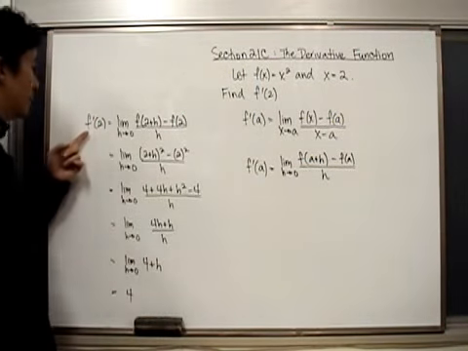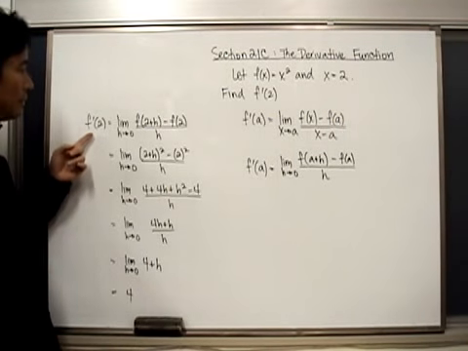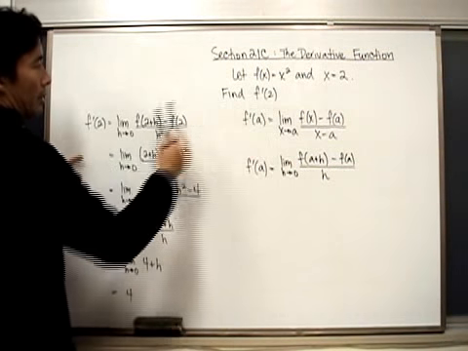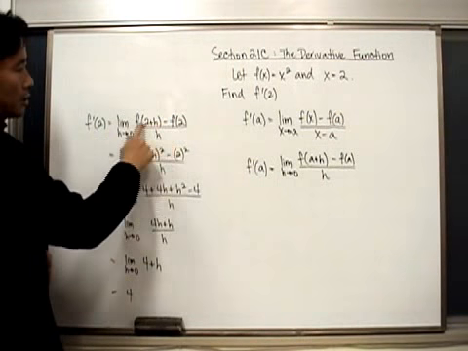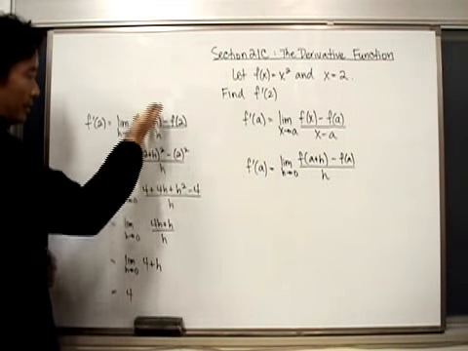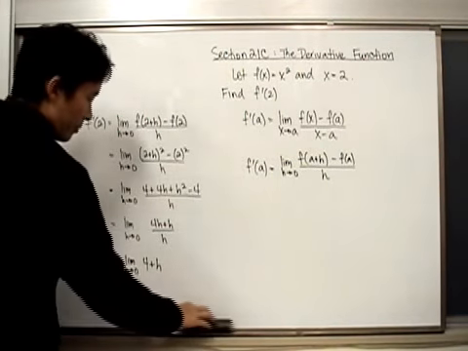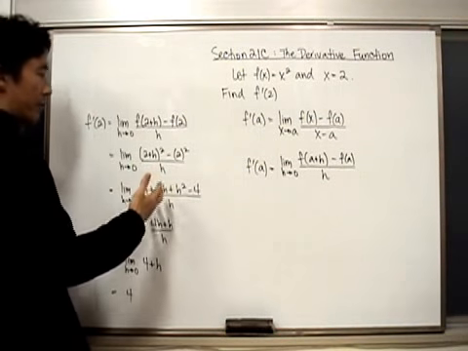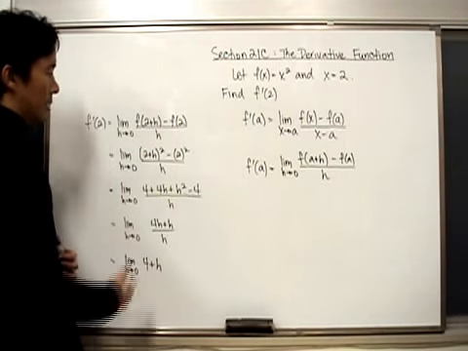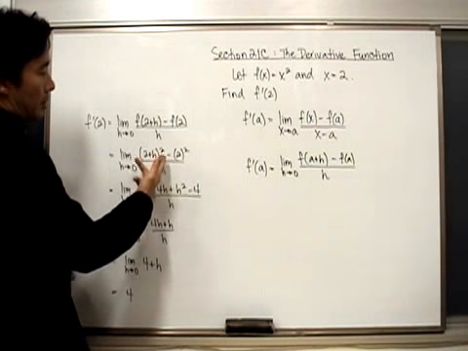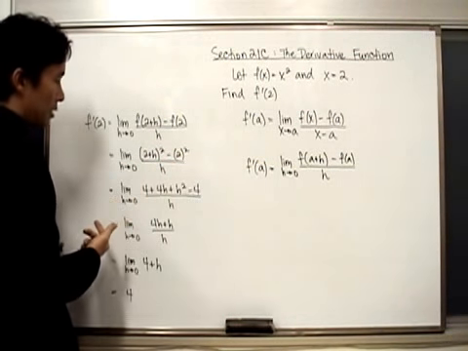Now, if we took f prime of 2, because that's what we're trying to find here, that means all the values of a need to be changed to 2. And after that, it's more or less following your rules for evaluating functions and evaluating the limit. So we took 2 plus h, quantity squared, minus 2 squared divided by h.